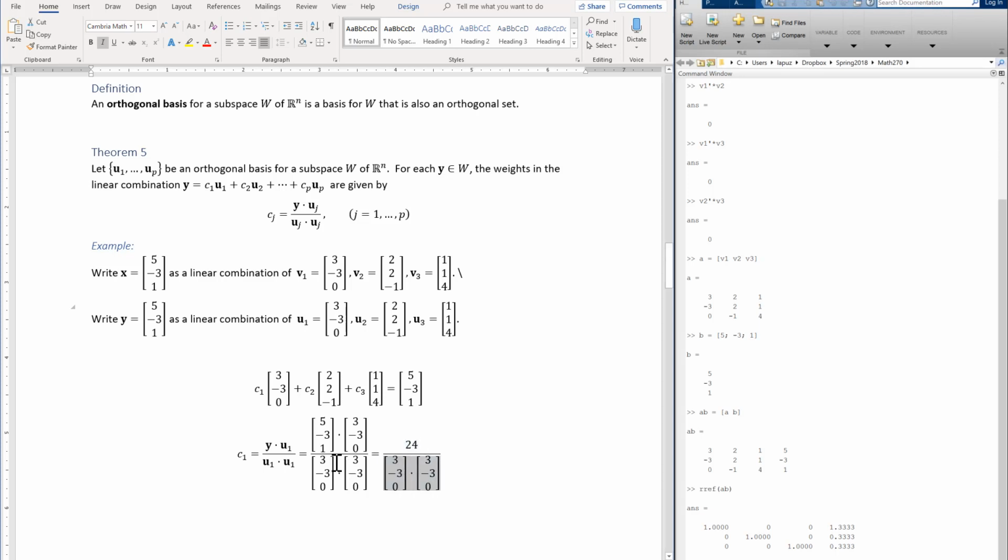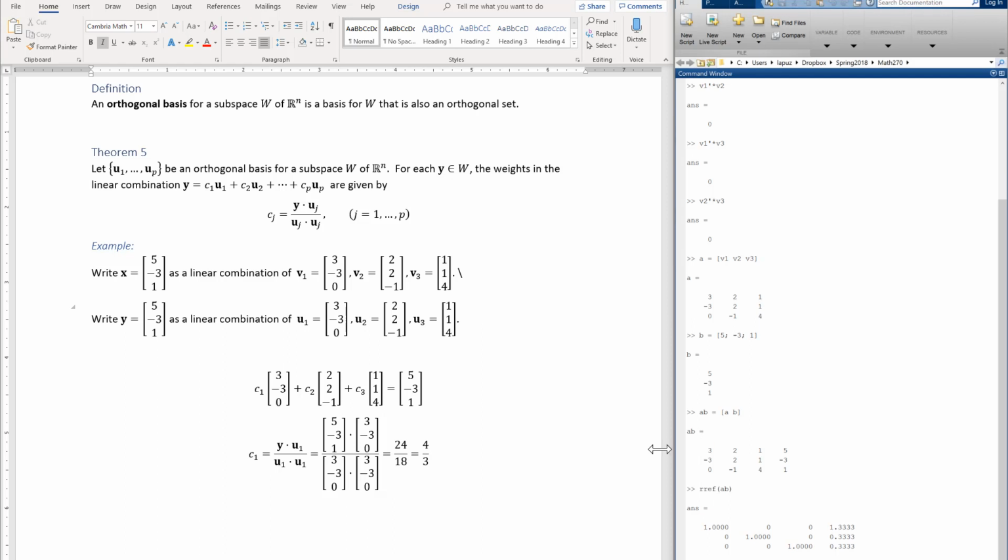And then we have 9 plus 9, that's 18. Okay, and then if we reduce this, I think these are all divisible by 3. That's 8 over 6, I guess 6. So that's 4 over 3, which is what we got earlier. So that's C1. We can also figure out what C2 is equal to.